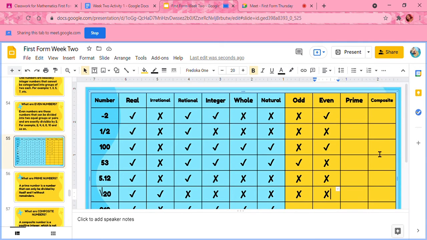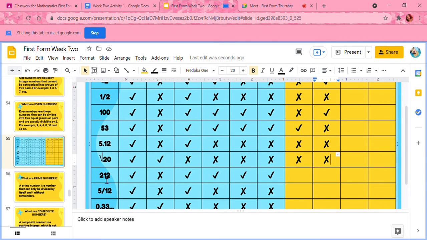212. Is 212 odd or even? Even. Very good. 5 over 12, 5 twelfths. Odd or even? None. Very good. None of them.